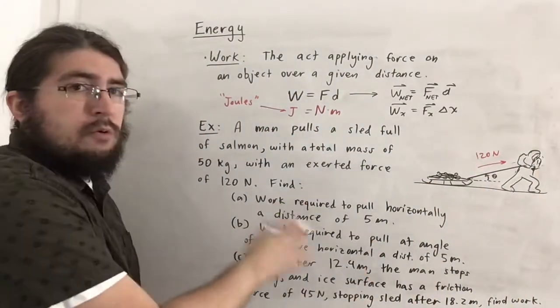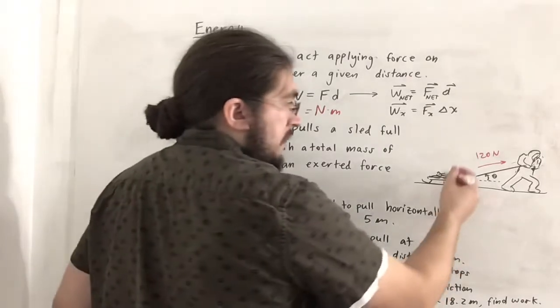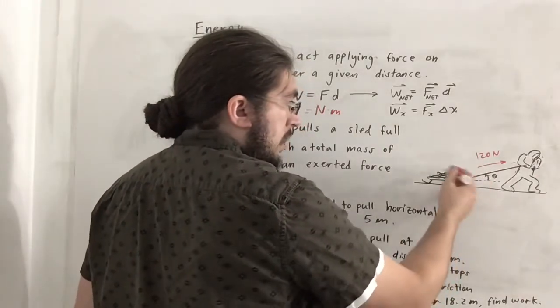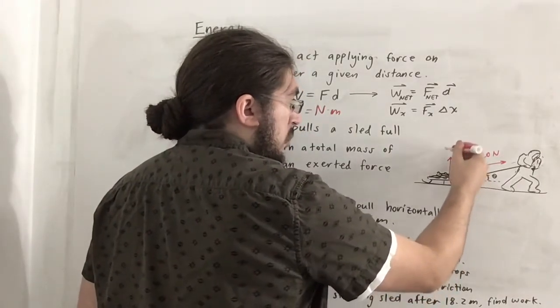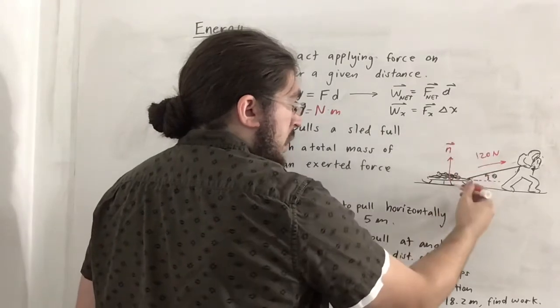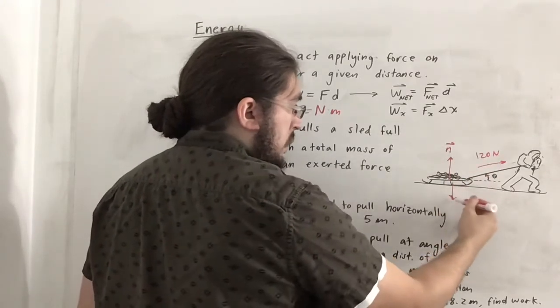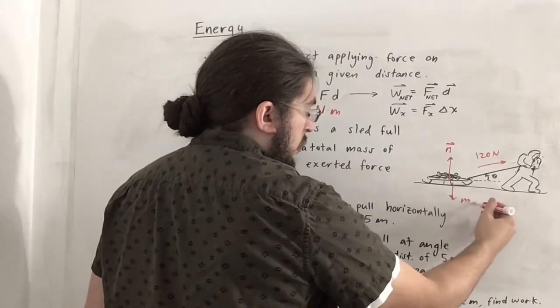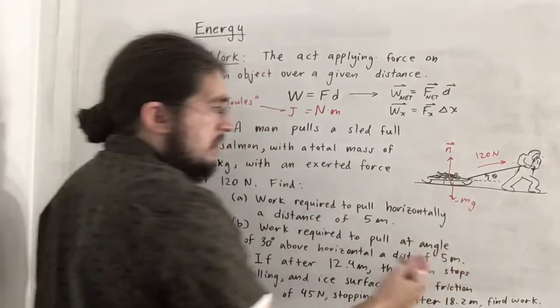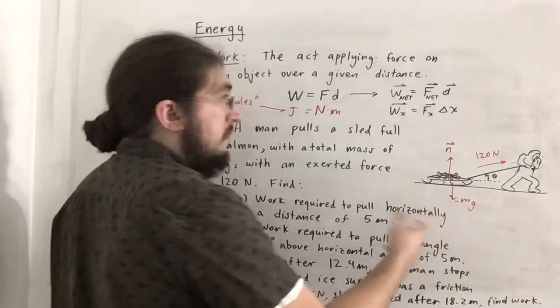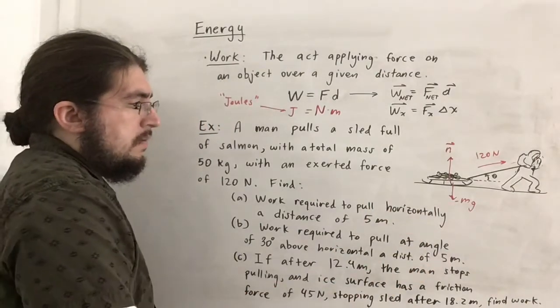Notice in general, before we even begin, there are a few different forces acting on this sled. There's the so-called normal force, which we call N. There is the weight, which is the force due to gravity, which we normally just call mg. Also note that the force is negative, but that's fine.